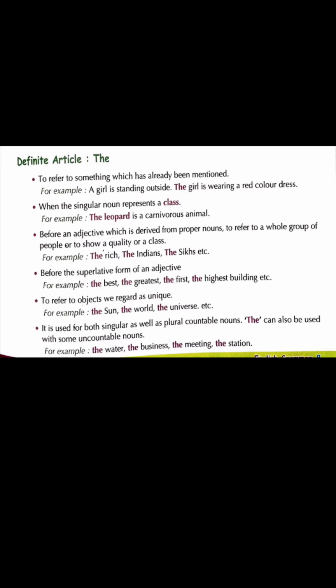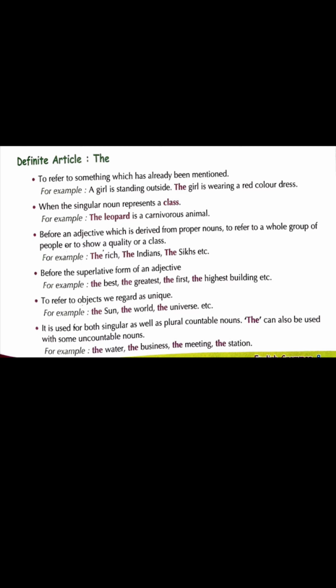Okay, when the singular noun represents a class, for example, the leopard is a carnivorous animal. So we are categorically talking about a leopard. That is why we write the leopard. Before an adjective which is derived from proper nouns to refer to a whole group of people or to show a quality or a class.